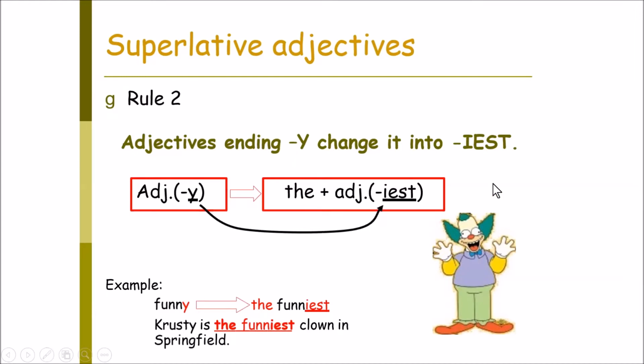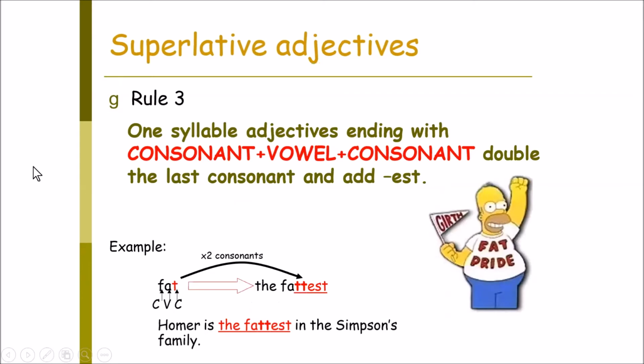Rule number three: when one adjective ends in the pattern consonant, vowel, consonant, you have to double the last consonant and add est. Obviously, not forgetting the word the. So we have here again the adjective fat. Fat is F-A-T, that is consonant, vowel, consonant.